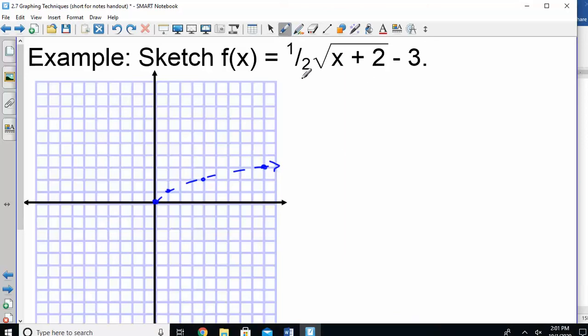What does the 1/2 in front do? Okay, this 2 is under the square root, so that's inside. Inside changes x, so it does the opposite. So adding 2 will move it left 2. And then my minus 3.